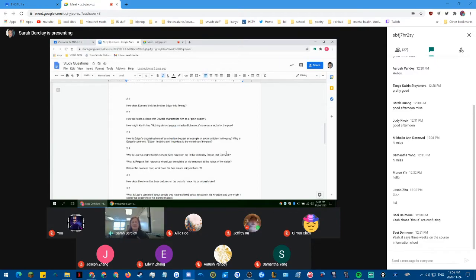A lot of the things that we don't value in people, that's what he accuses Oswald of being. So this makes it seem that this is what got Kent in trouble the first time with Lear, by being blunt and direct. And this is also what gets him in trouble now. But I think it can also be an admirable quality in people to tell the truth. But sometimes, obviously in this situation, telling the truth as it is may not be favorable. Sometimes you do need to do it with tact.